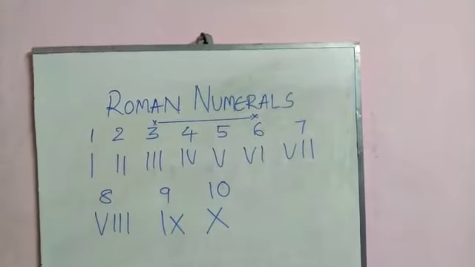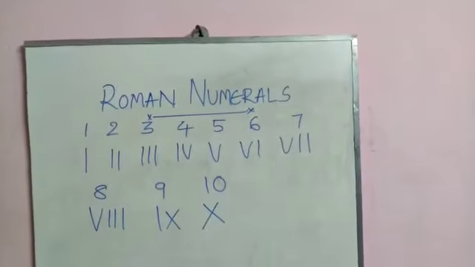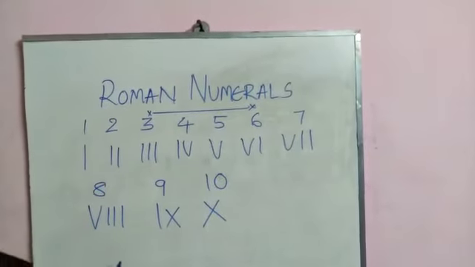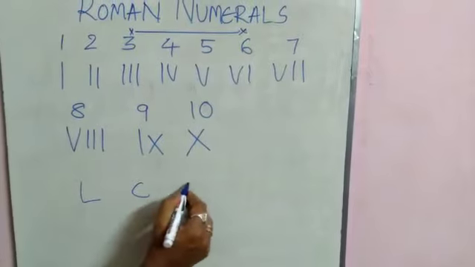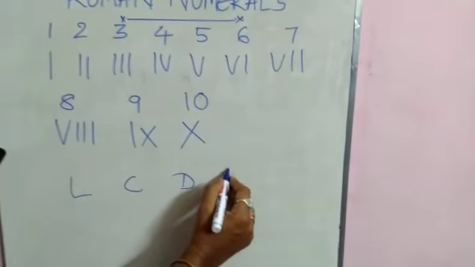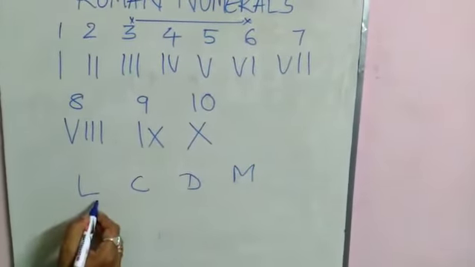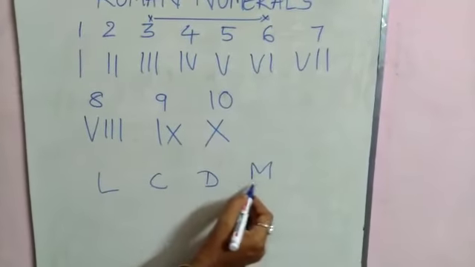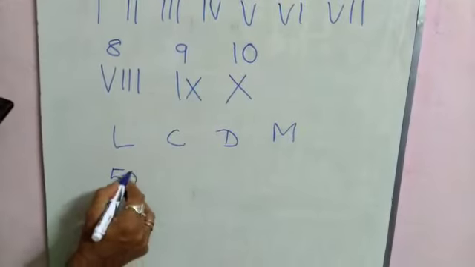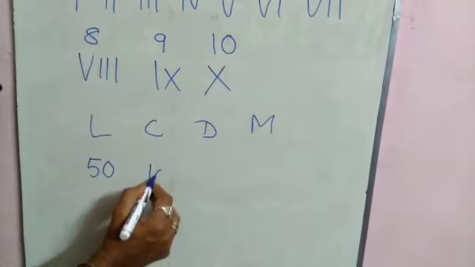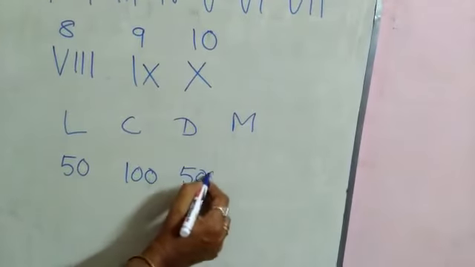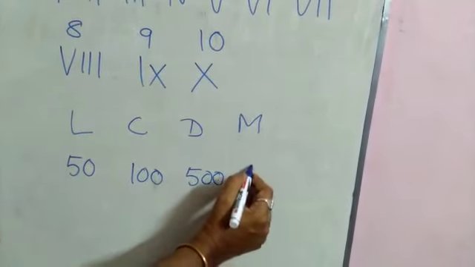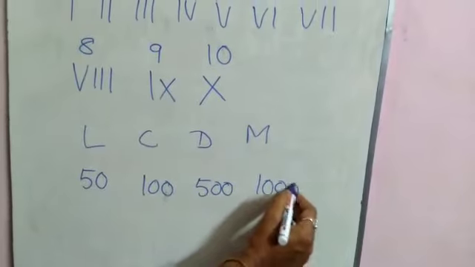And some more Roman numerals we will learn, that is L, C, D, M. L is 50, C is 100, D is 500 and M is 1000.